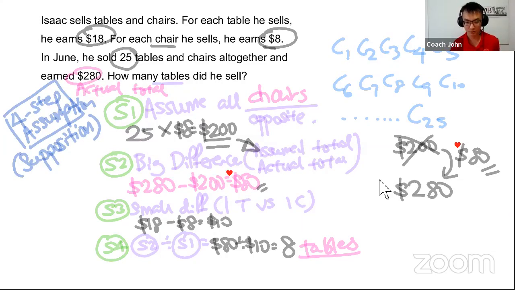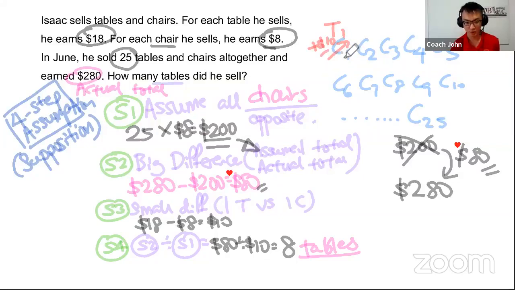So you can't just put $80 on one chair and convert it to a table, because the difference in cost between one table and one chair is actually $10. So if you want to change this to a real table, it's only an addition of $10.